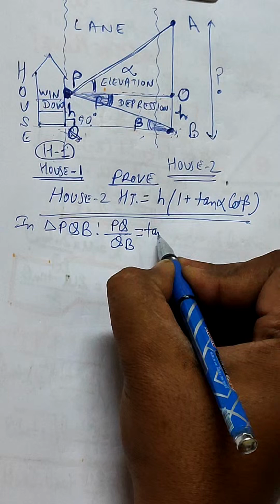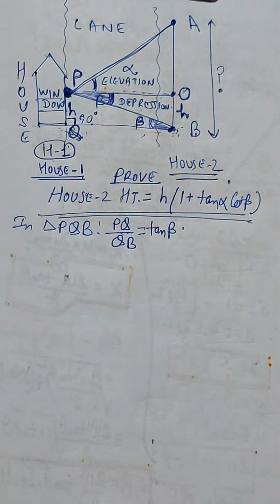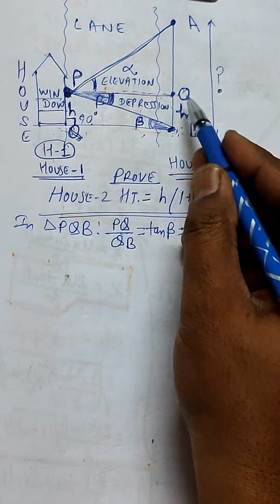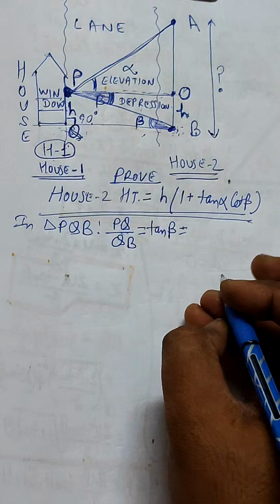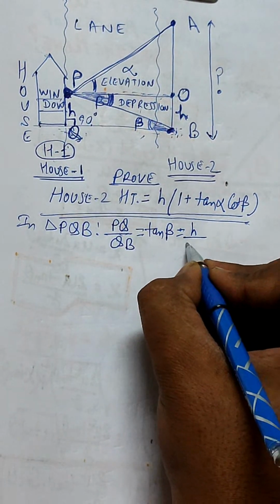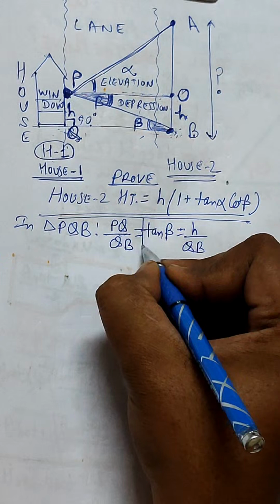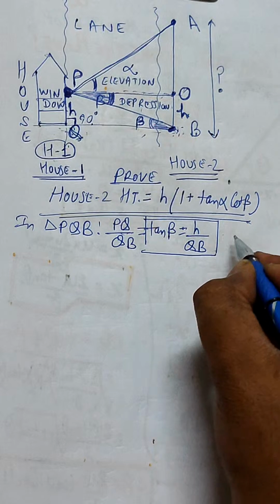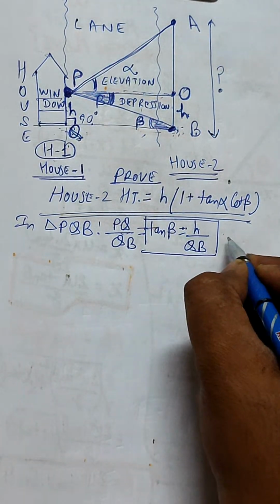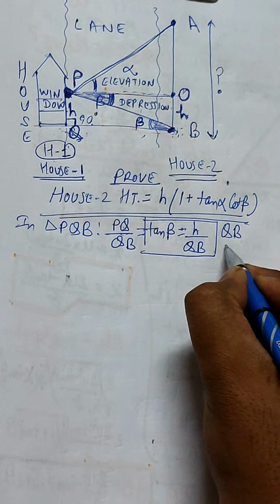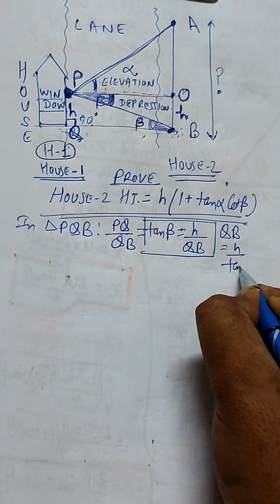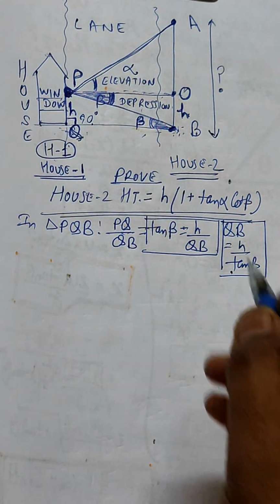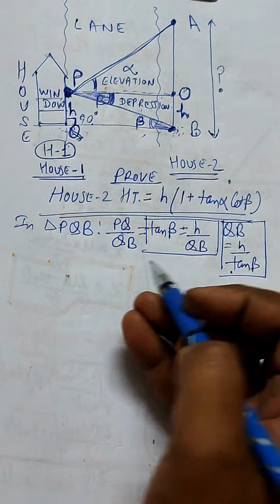So this is equal to tan beta, right? And the length of PQ is known to you, PQ is H. So this will be equal to H by QB. Finally, this gives you the value of QB as H by tan beta. This is the relation which you find, that is the width of the lane, right?